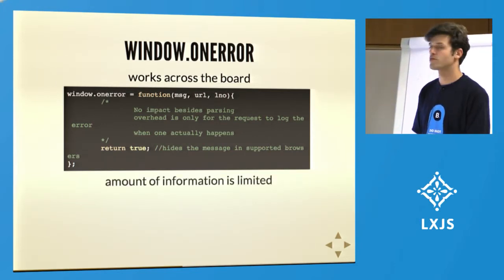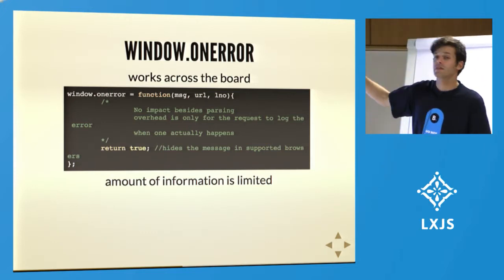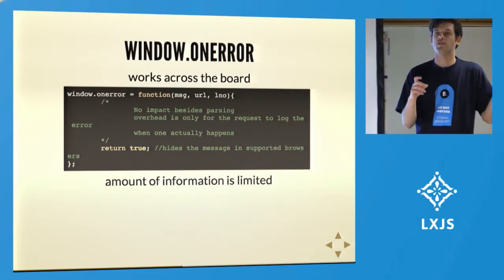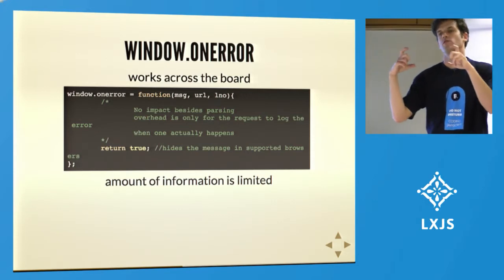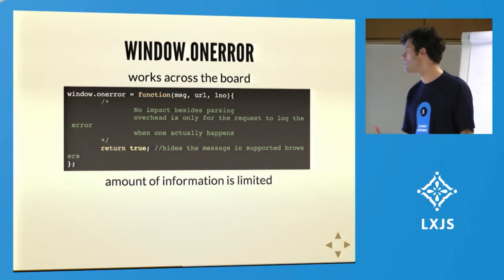But the amount of information is limited. Sometimes the message can be object to string, which is object between square brackets, and then no line, no URL.